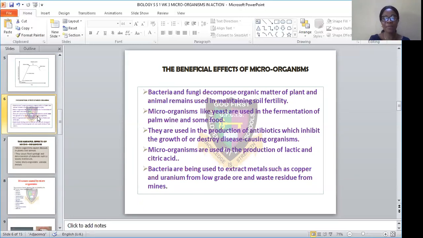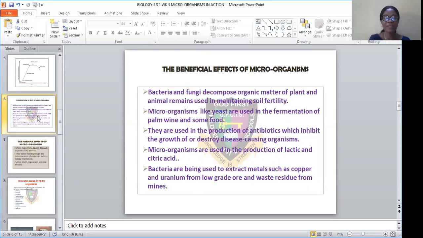Again, microorganisms like yeast are used in the fermentation of palm wine and some food. They are also used in the production of antibiotics, which inhibit the growth or destroy disease-causing organisms. That is why if we have a bacterial infection, they give you antibiotics. This will help kill that organism that is causing the disease in one.